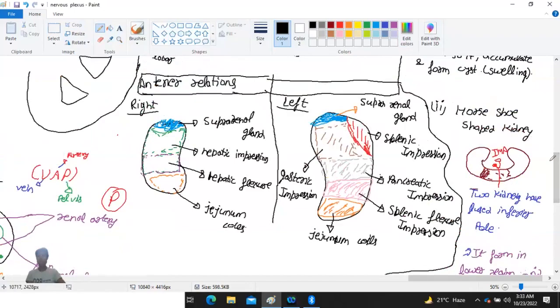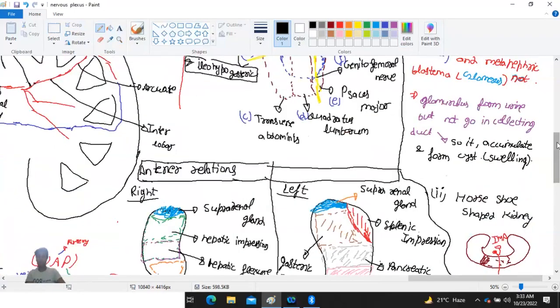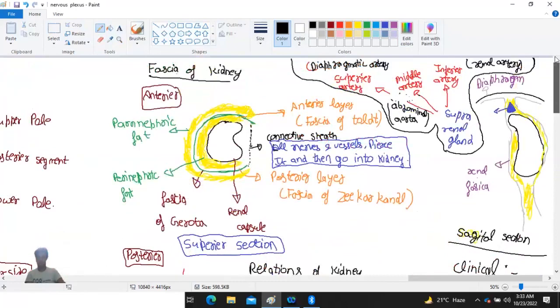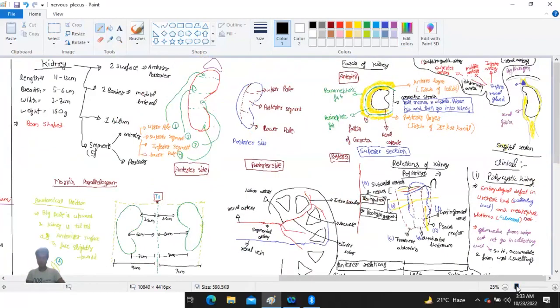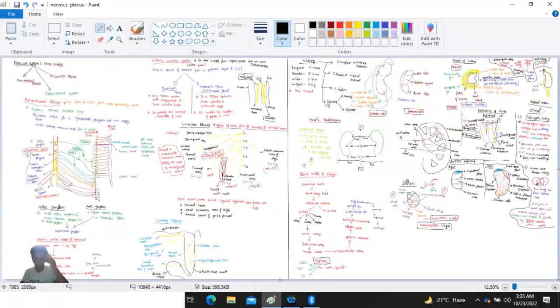So these are the two clinical points of the kidney. So this is the portion of the kidney: kidney supply, lymphatic drainage, nerve supply, relations, orientation, blood vessels, sagittal section, clinical points, posterior and anterior relations, all these.